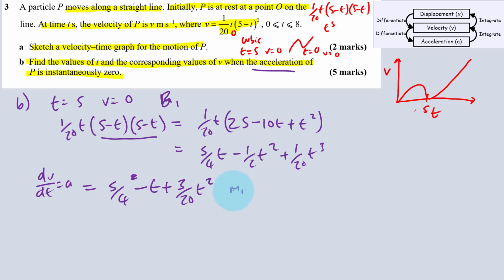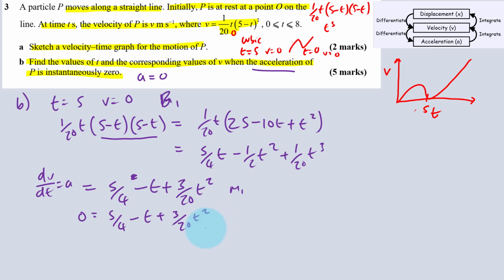Right. When the acceleration of p is instantly 0, so what does that mean? A equals 0, so let's set this to 0. 0 equals 5 over 4 minus t plus 3 over 20 t squared. That probably will get you a method mark or accuracy mark once you complete this.